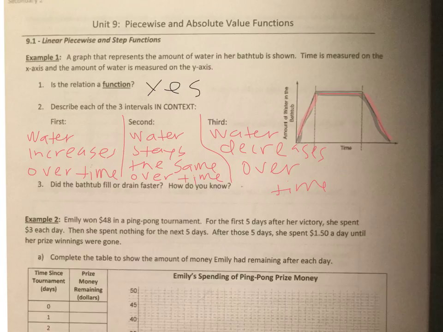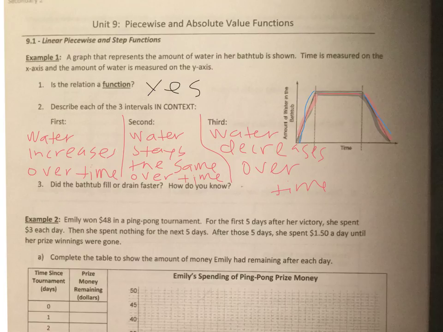Okay, number 3. Did the bathtub fill or drain faster? How do you know? Well, by looking at the chart over here on the right, we can see that it took less time for the tub to fill, and it took more time for the tub to drain.